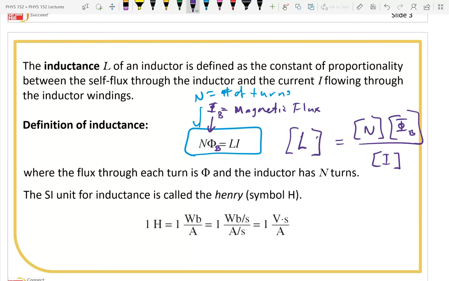We use turns to say 1 loop, 2 loops, 3 loops, 4 loops, but there's no unit for it. How about magnetic flux? Magnetic flux is the magnetic field through an area. So it's going to be Teslas times area. We have a name for that. It's a name I usually emphasize, the Weber.